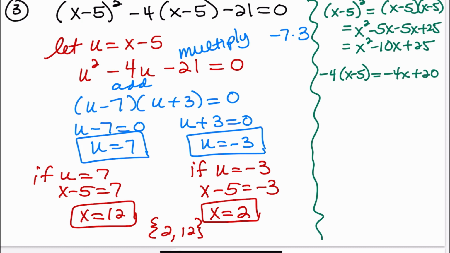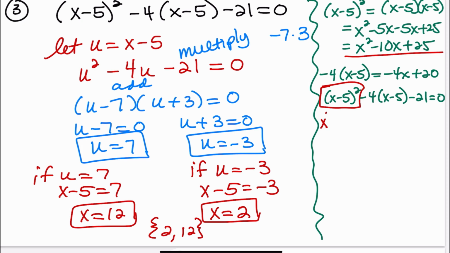So if I put this all together, I'm going to have (x minus 5) squared minus 4(x minus 5) minus 21 equals 0.